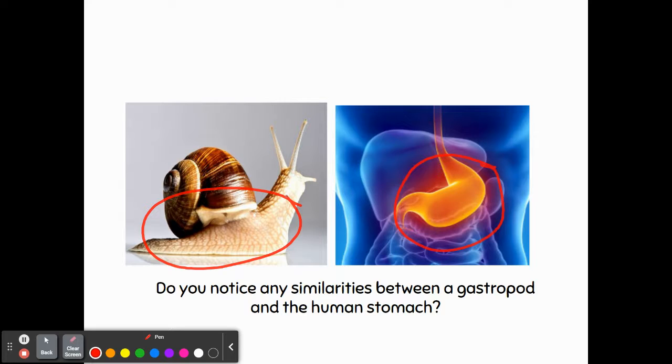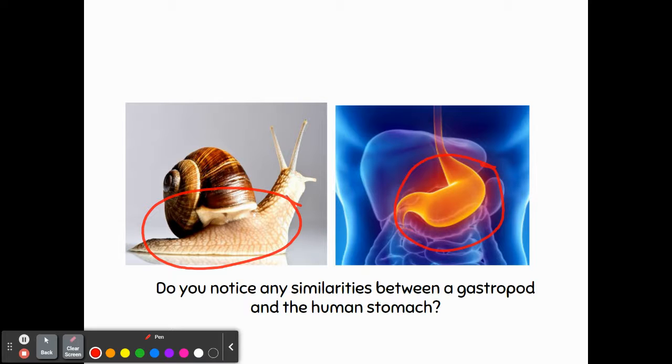It said, how fast does our body or digestive system move food? And how does it compare to the speed that the gastropod moves? So think about a snail. Think about how quickly you think a snail moves.